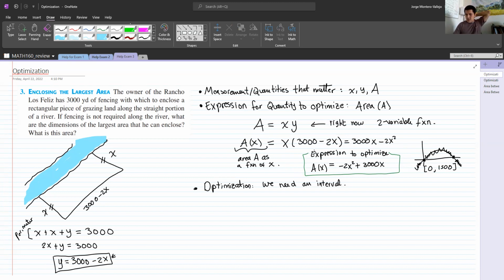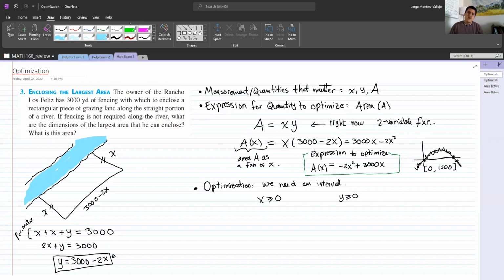And it comes from making the following conclusions. How do we find this interval of optimization? Well, we know that the dimensions must be positive. They do not make any sense as being negative, so they're either 0 or positive. So x is greater than or equal to 0, and the same goes for y.